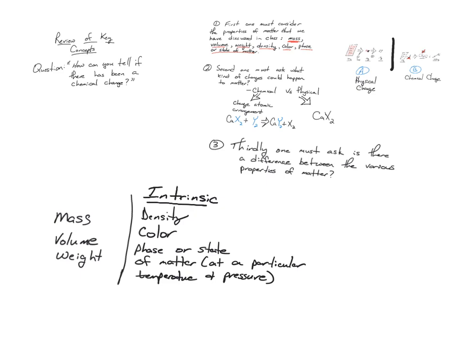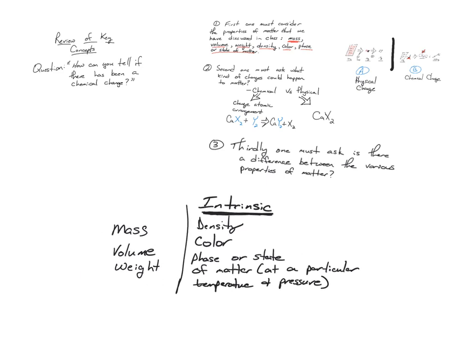They're defined by the fundamental nature of that substance. So the only way you're going to change these intrinsic properties in general is if you change the fundamental nature of that material. Again, what I mean by fundamental is the arrangement of those atoms.